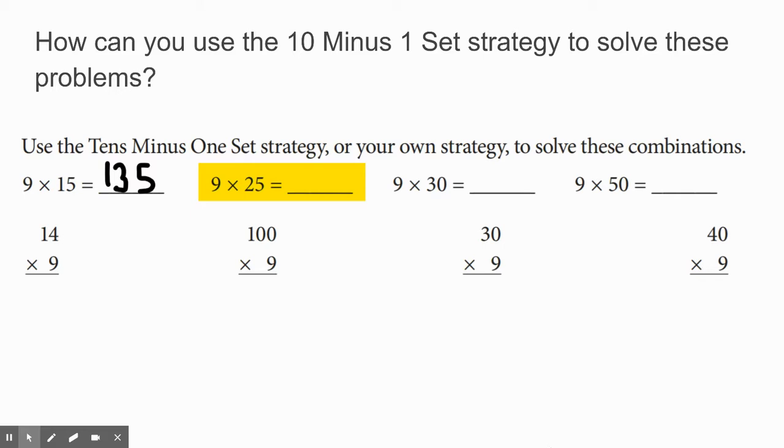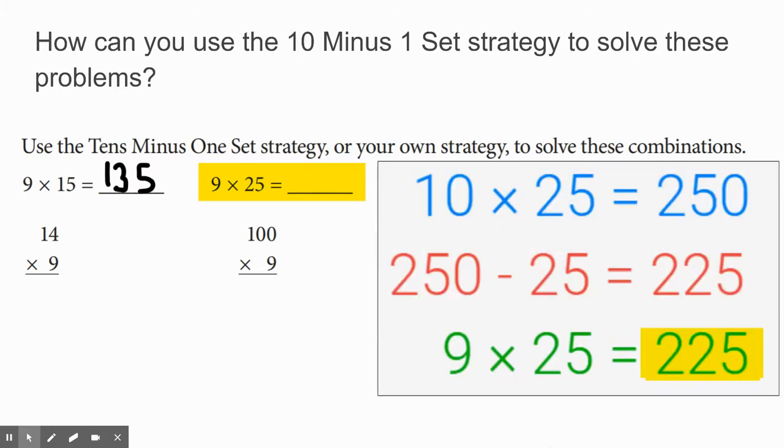Okay, I hope you have a product and you've given it a try. This is how Mrs. Peters used the tens minus 1 set strategy to solve this problem. Again, I overshot. I did 10 groups of 25, which is 250. But then I had to subtract that extra set of 25 from 250.